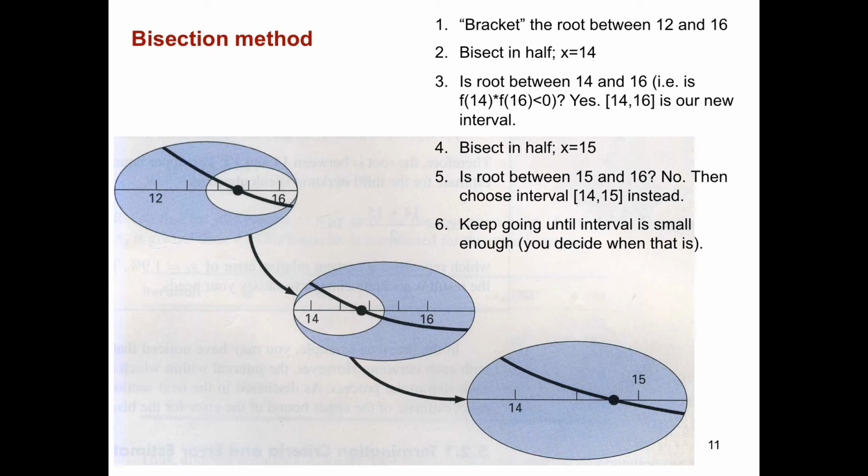So this gives you an idea. I would call your 12 and 16 XL and XU, and then have a loop that is going to keep replacing those lower and upper values of the interval based on these rules.